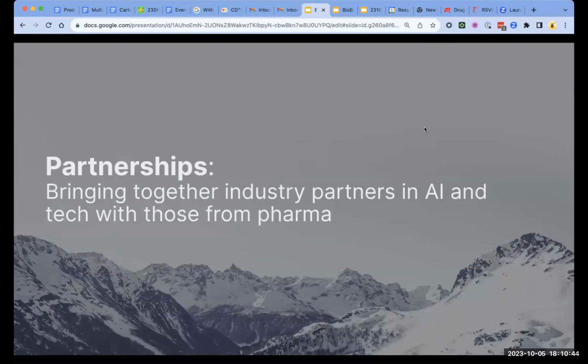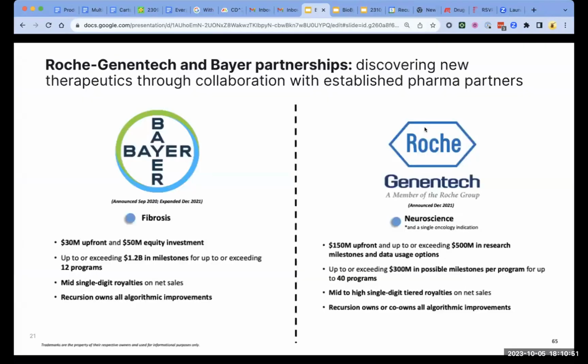We partner both with people in the AI space and in the tech space and with those in pharma. So right now we have 2 partnerships with big names in pharma, and I'm not going to go into the details here, but I think the big advantage that we get from these partnerships is that we understand how pharma thinks, we understand what the key questions are that we need to be addressing, and we understand how to communicate and validate what we're doing.